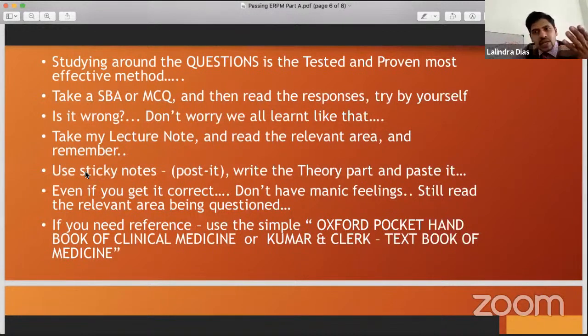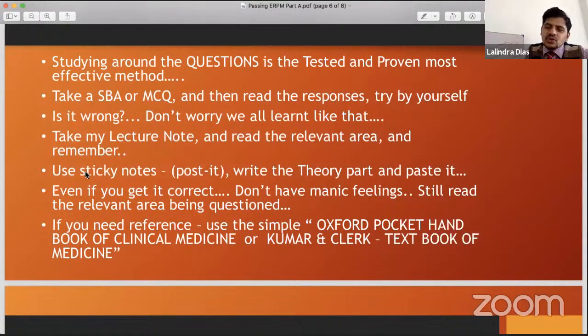For example, in the endocrinology lecture, pheochromocytoma, I have put in my question paper, so that somehow I cover it. In my lecture notes or my question notes, we have covered all those things. So that is an excellent reference, because I made that lecture note in an easily understood manner, in point form. When you just glance through that question paper, you can understand everything that I have taught you.